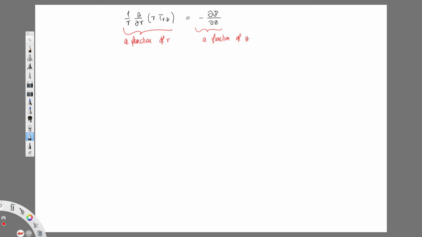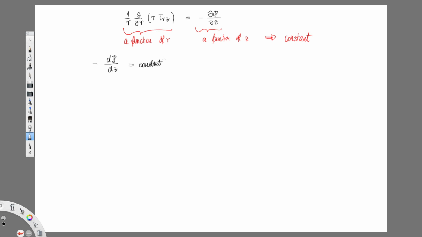So for these two to be equal, they have to be equal to a constant. So basically the first ODE that I have, this is actually not even a partial derivative, these are regular derivatives, so dp dz is equal to a constant. So my generalized pressure or flow potential is a linear function of z.